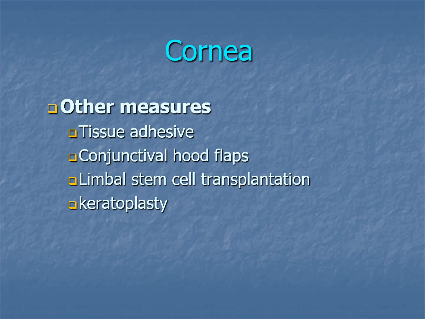We place the conjunctiva over the cornea so that the corneal epithelium and ulcer heal underneath the conjunctival flap, and after healing we can remove this hood flap. Limbal stem cell transplantation may be used. Autologous stem cell transplantation from the same eye or from the other eye can be used. If all these measures fail, then we can use keratoplasty.